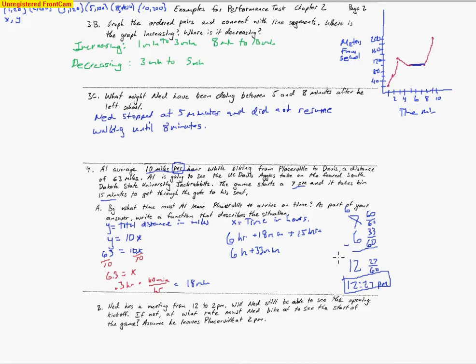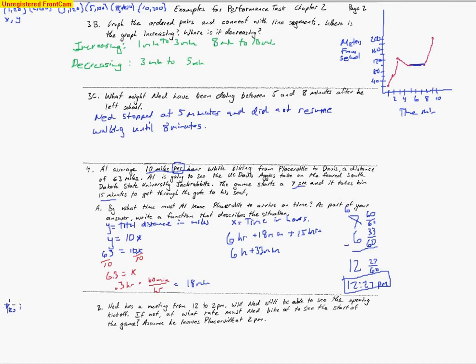But then it says Ned has a meeting, and the meeting lasts between 12 and 2. So will Ned be able to see the opening kickoff? No, and the reason he can't is because he has to leave by 12:27. So he's going to miss the opening kickoff.